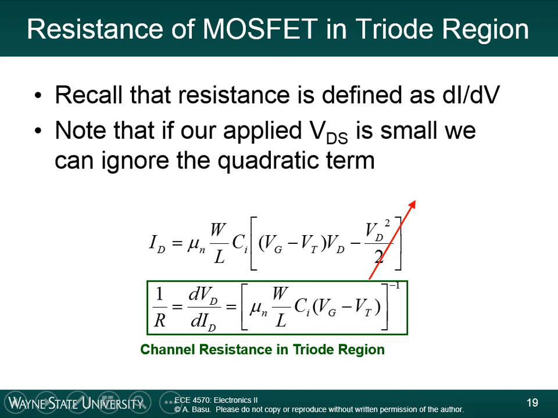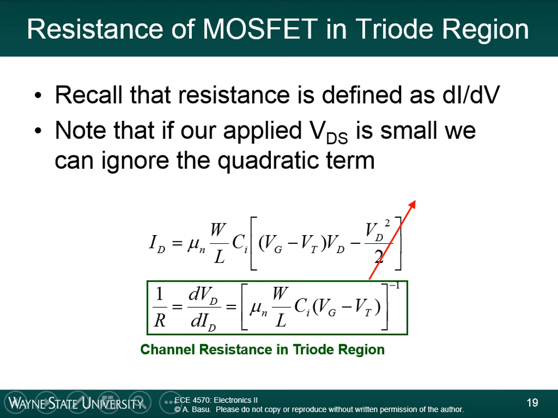And the channel resistance, you can figure out according to this formula. Remember, if you have a line, the slope of that line tells you the resistance. A resistor gives you a linear IV characteristic, and the slope of that line tells you the resistance. So what you're doing here is finding the resistance by looking at the slope of that line.